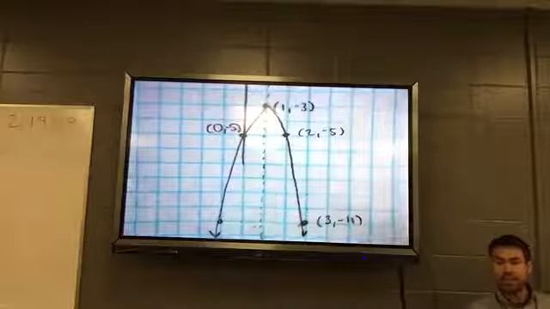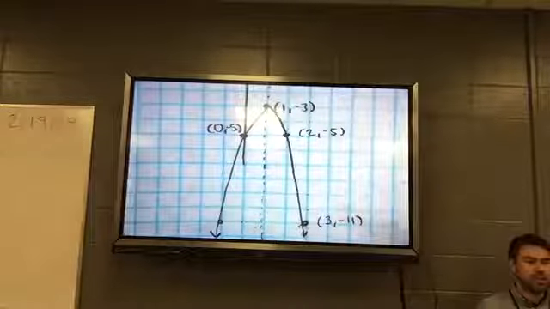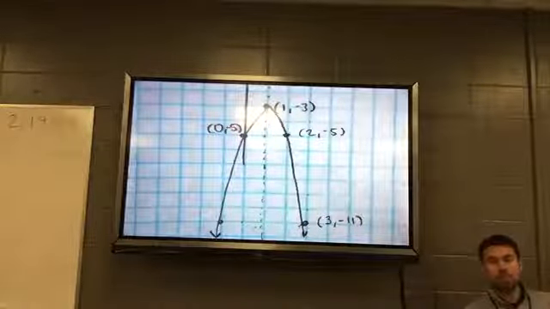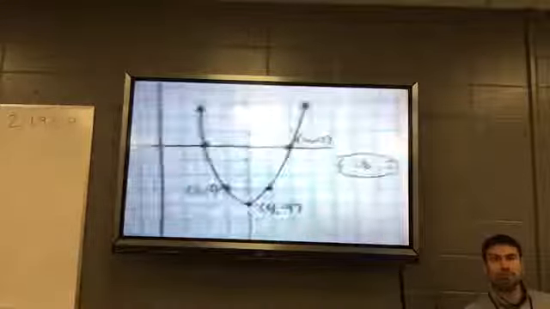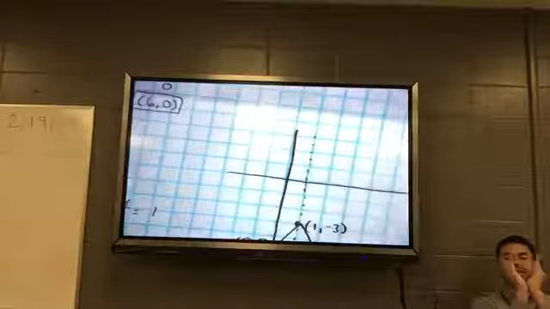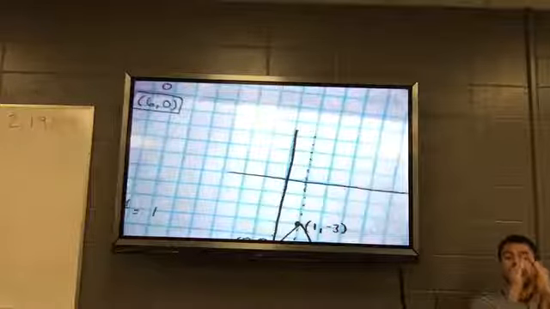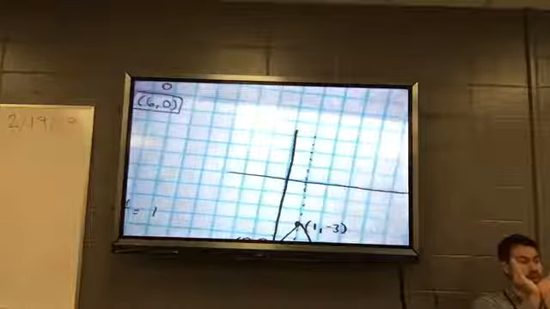Do you guys see this graph right here? There's something to do with the slope, but compare this graph with this graph. Other than one opening upward and one opening downward, do you guys notice anything about the width? The bottom one is skinnier. The top one is wider, right?